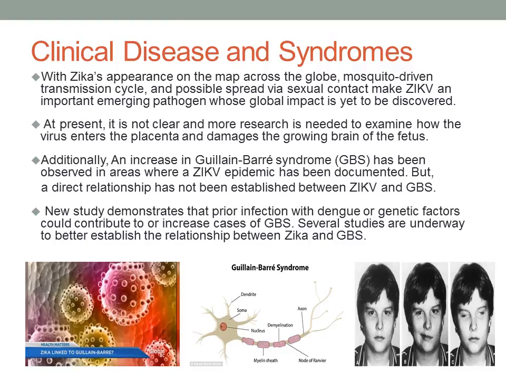New studies have also demonstrated that prior infection with dengue or genetic factors may contribute to or increase cases of Guillain-Barré syndrome. Studies are ongoing to better establish the relationship between Zika and Guillain-Barré syndrome.